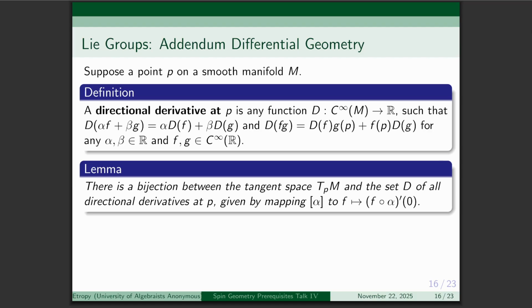So if you think of the tangent space as in our previous talk, as equivalence classes of curves, we can just compose the curve with our function in the neighborhood of our point, and take the derivative of that at 0. The derivative here is just the classical derivative because our curve starts in R, maps to a manifold, and then we map back to R, so it's just a map from R to R. And this only depends locally at that point because, well, derivatives work that way from R to R.